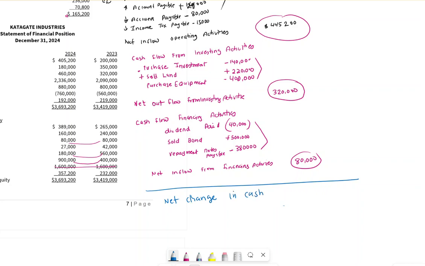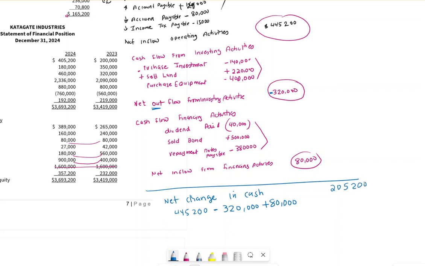And I have a positive number. All the numbers are positive except this number is an outflow. So negative 320 and positive 80,000. If I put all together, I will get a balance of 205,200.